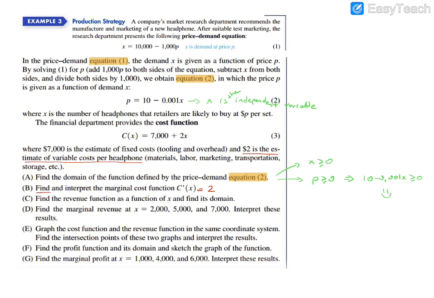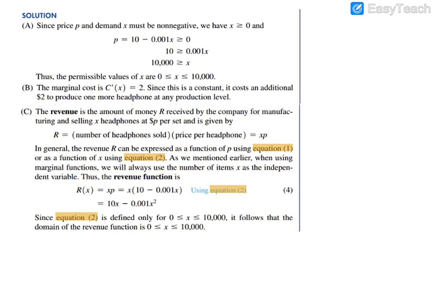So always the x plus first item costs $2. The first item costs $2, the second item costs $2, the third item costs $2. For any item, its cost is $2. So the marginal cost function is 2. Since this is a constant, it costs an additional $2 to produce one more heat phone at any production level. Or for an item, the cost is $2.